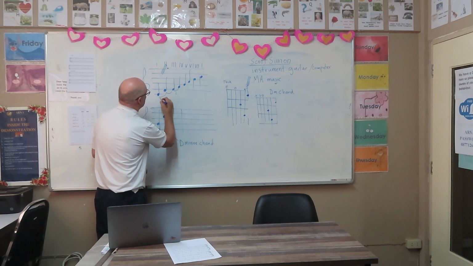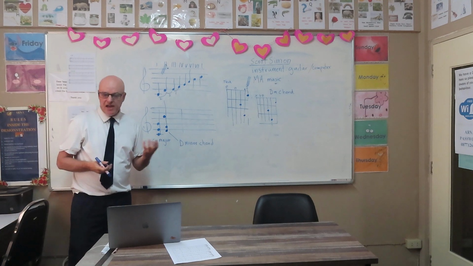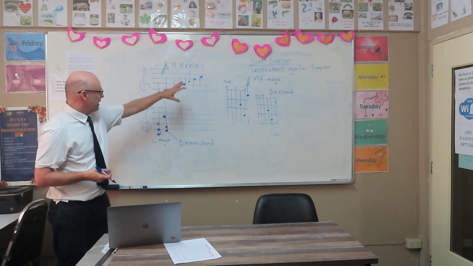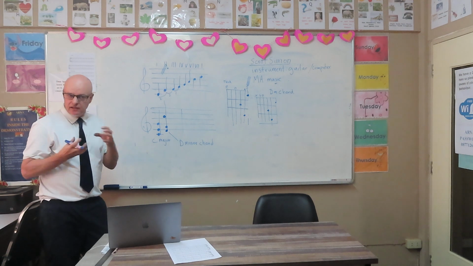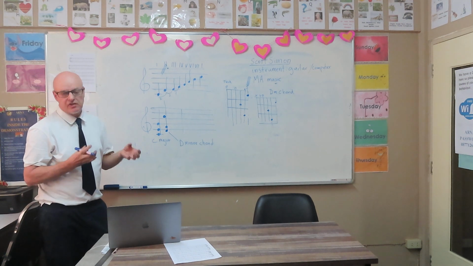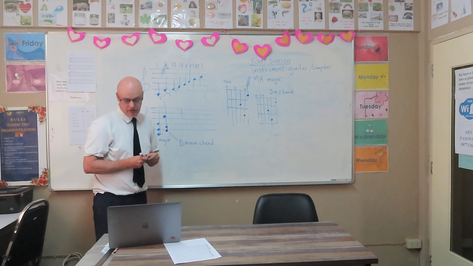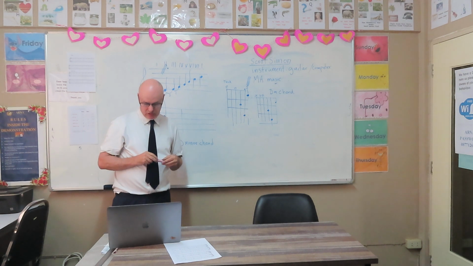So 2 semitones, 2 semitones, 1 semitone. So the scale pattern, even though it's the same across every key, has that pattern built into it, a certain amount of tones and semitones for each scale step. Okay, so let's leave that for the moment.